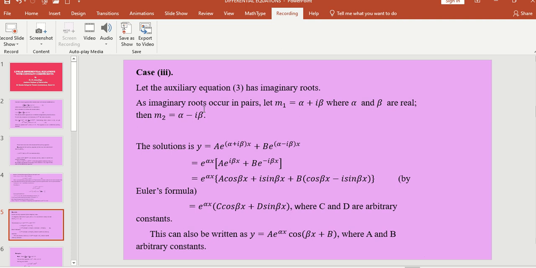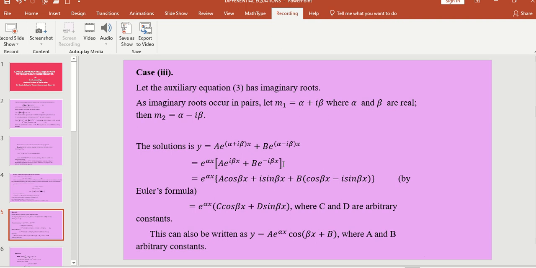The solution is in the form of a e power m1x plus b e power m2x. Now substitute the values of m1 and m2 here. So we have this equation. When we take e power alpha x outside, we have a e power i beta x plus b e power minus i beta x.